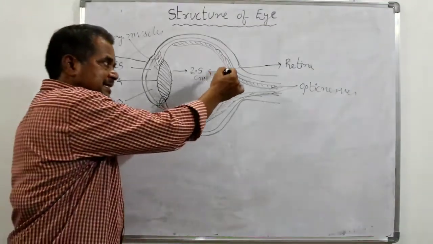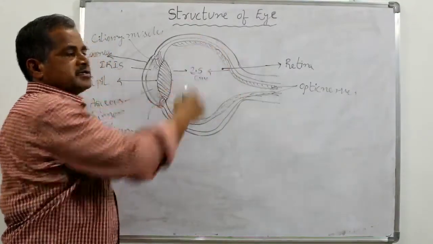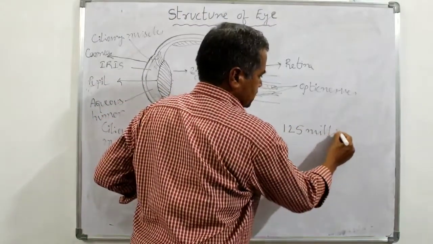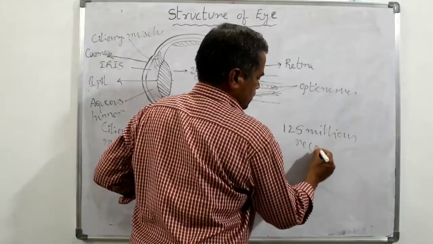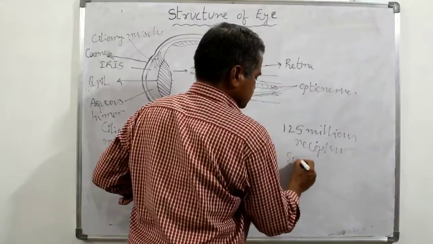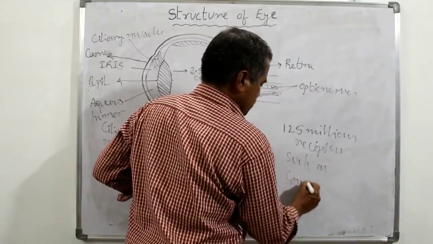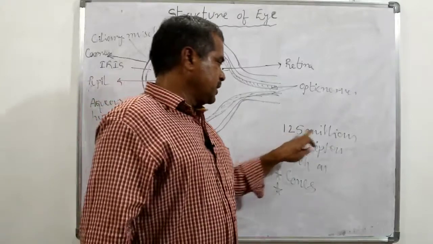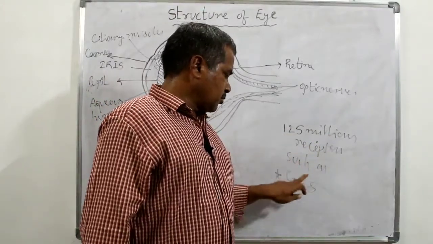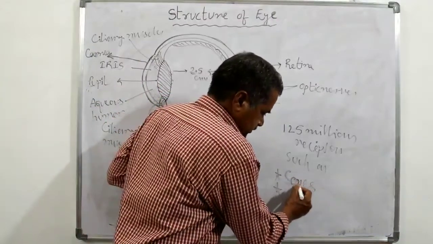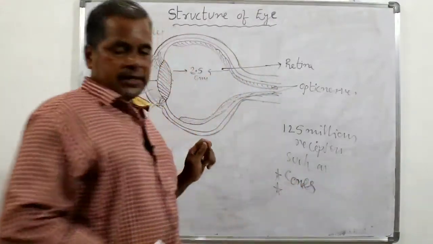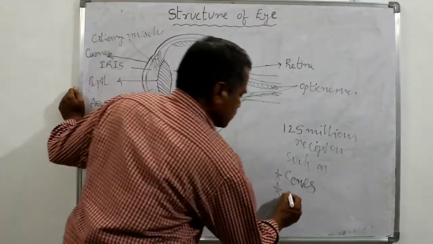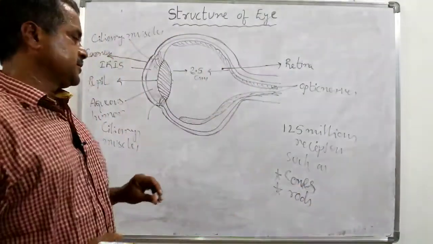Because the screen of the eye, the human eye, contains nearly 125 million receptors, such as cones and rods.